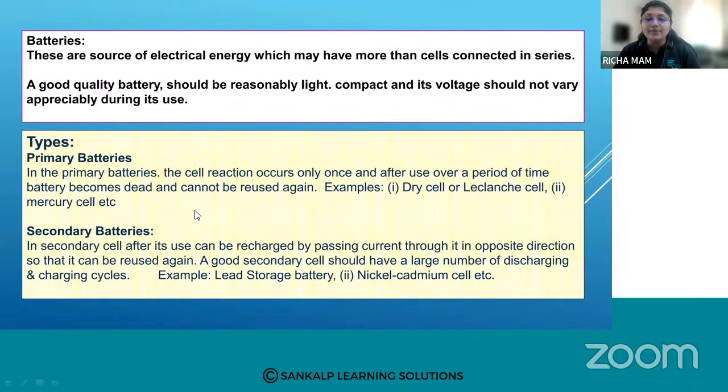Till the chemical energy is there, that much the battery will be used. Once all the chemical present in the battery gets over, if it is used completely, then the battery will become dead and it cannot be used again. What is the example? The example is the dry cell or Leclanché cell, or the second is the mercury cell.